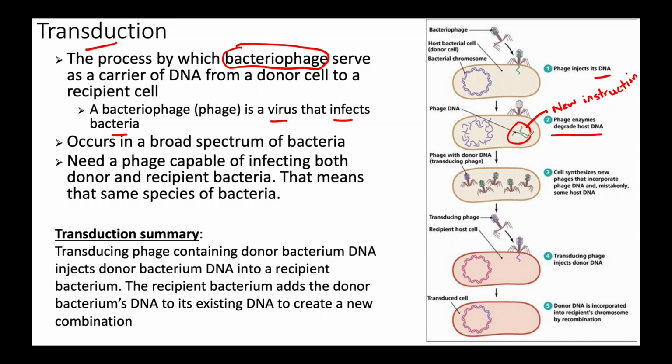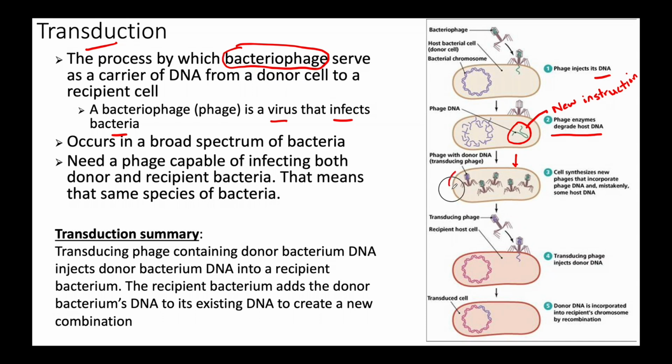What this viral instruction is going to tell the cell to do is make a whole bunch of new viruses. And that's what's happening here. Here's a newly made virus, and all of them have this nice teal blue color in it, indicating that they have made new viruses with viral genome in it.